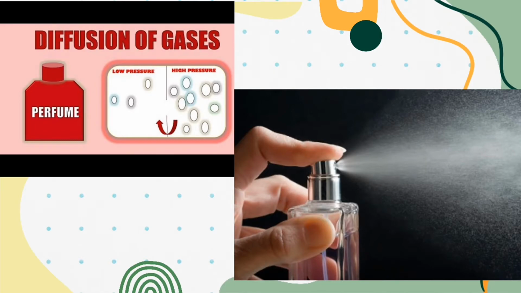That tells you that the perfume has diffused through the entire room. Immediately after pressing, it can only be perceived at the site of release, where it is more concentrated. But after a few seconds, the entire room takes on the same level of fragrance. That tells you that diffusion has taken place in that experiment.